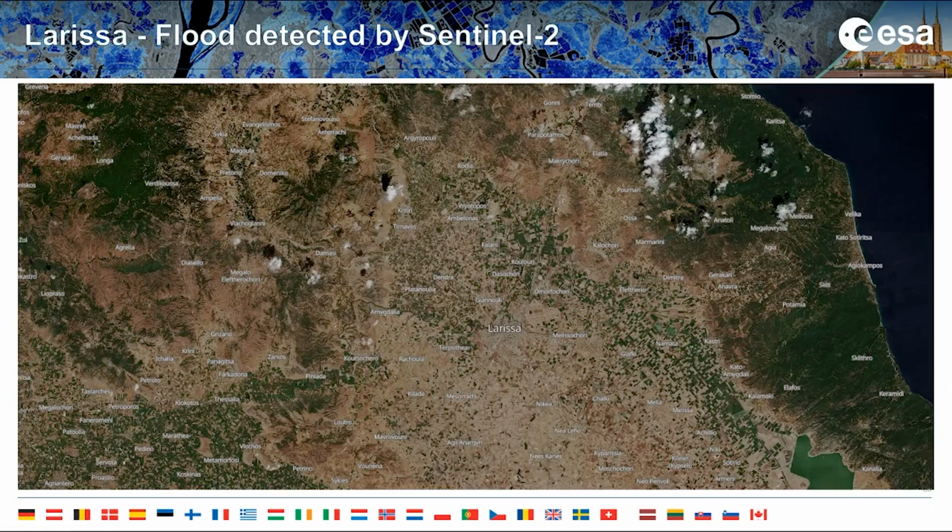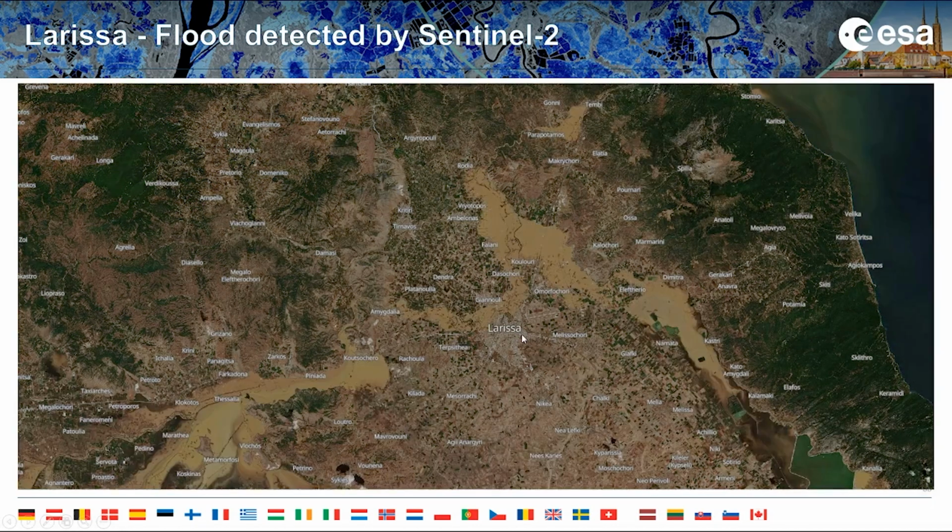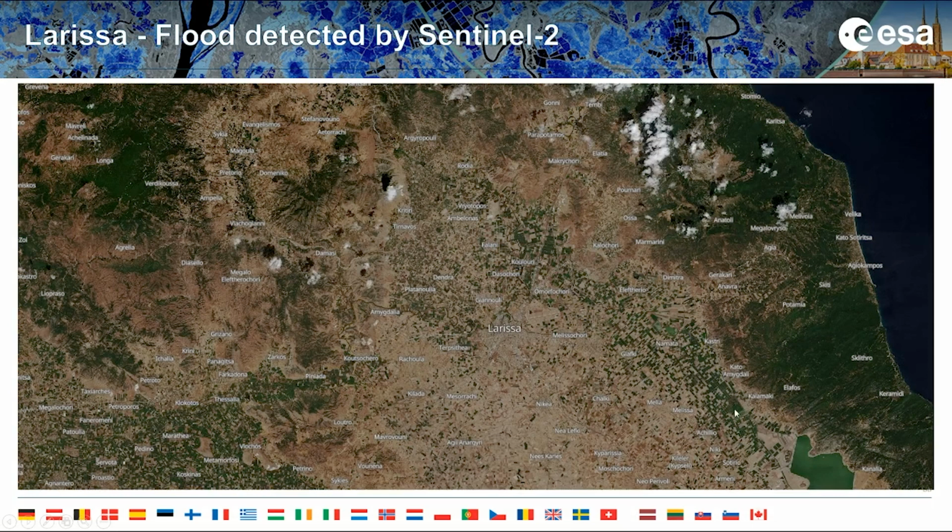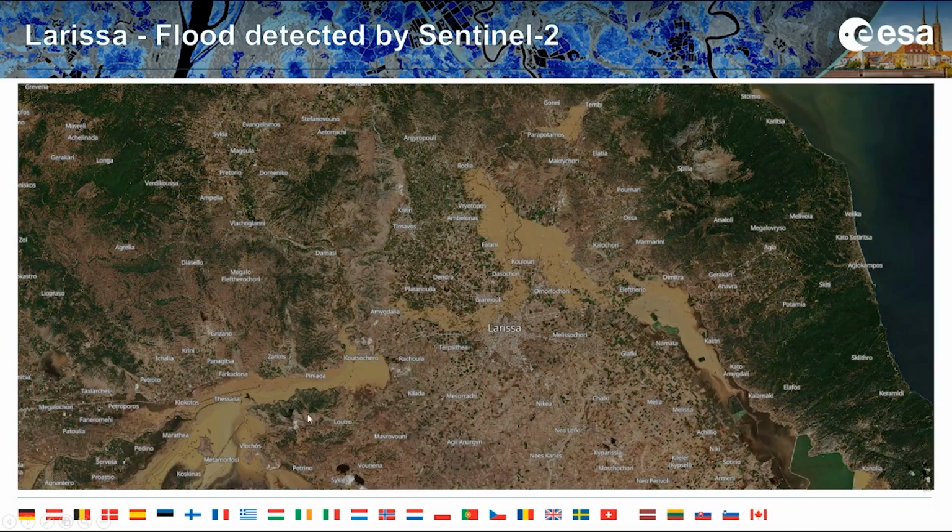Another example, on the 10th of September if I'm not wrong, was Larissa in Greece. The city was affected by a big flood, and this was the effect of the flood. All the crop fields were affected by the flood.